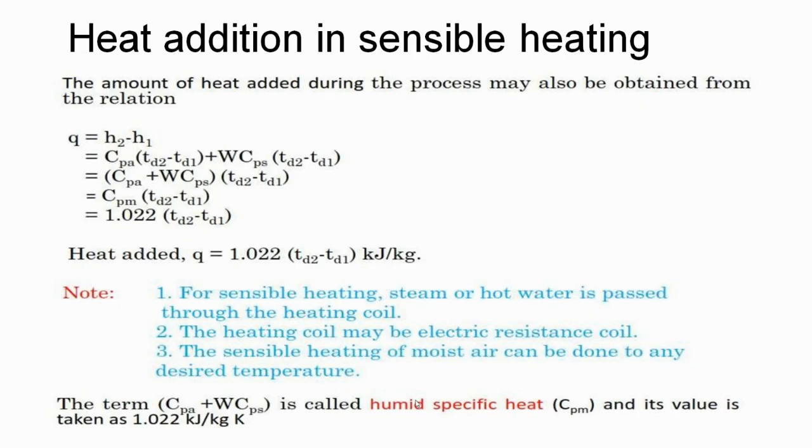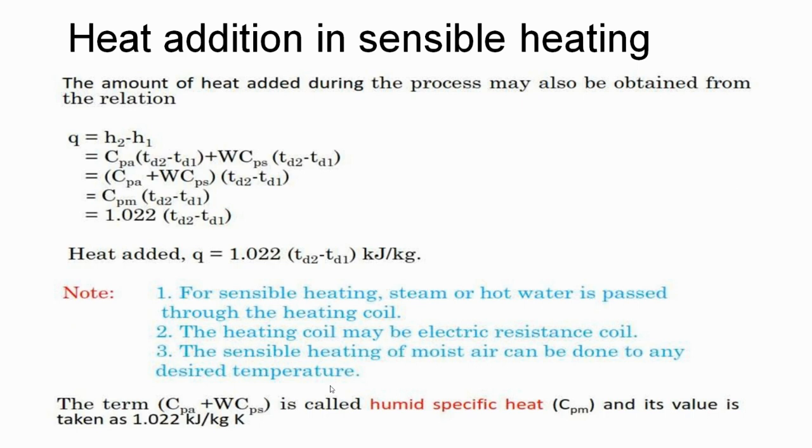Now, heat addition in sensible heating: the amount of heat added during the process may also be obtained from the relation Q equals H2 minus H1, the enthalpy change. The change in enthalpy means Cp delta T, so Cp of air multiplied by the dry bulb temperature difference TD2 minus TD1, plus W into Cps.